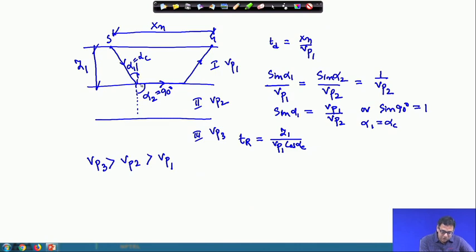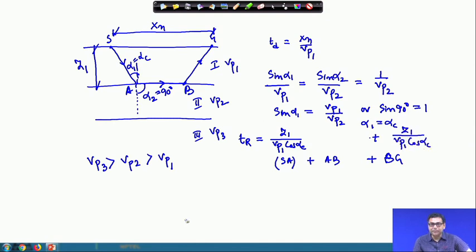This gives the time required to travel this distance, say this is A and this is B. So this is basically the travel time of SA, plus the travel time of AB, plus the travel time of BG. BG will be the same as Z1 divided by VP1 cos alpha c, and AB will be xn minus this distance and this distance.